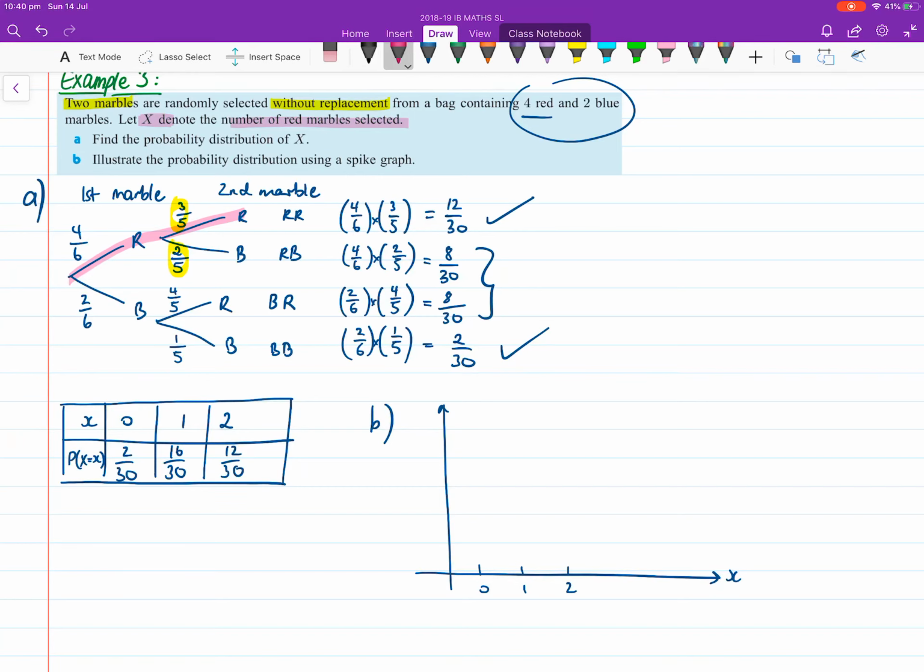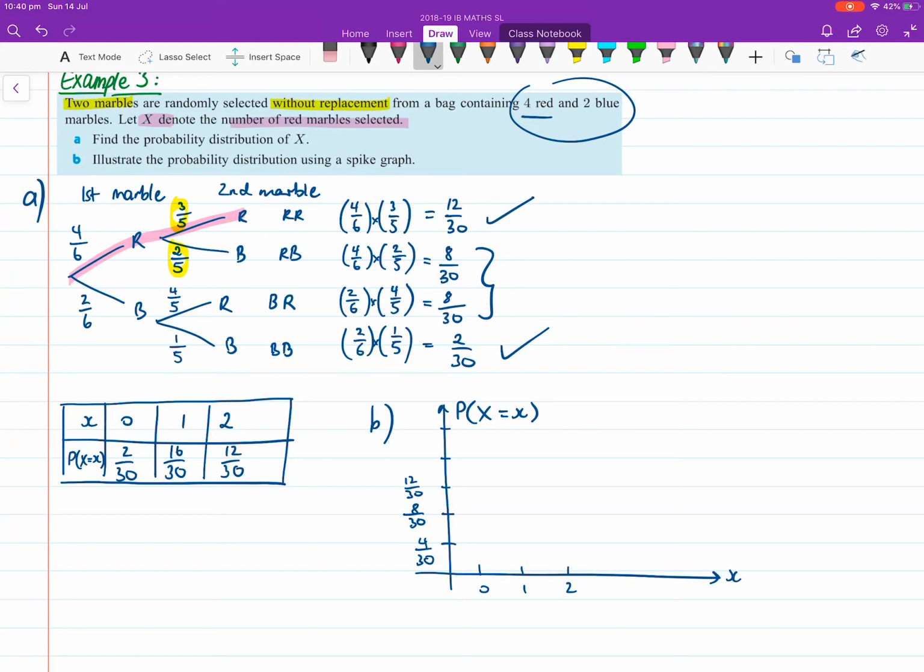Okay, and then along here is your probability. And what do we have to go up to from 2 on 30 up to 16 on 30? Oh, I didn't draw this very well. Let's just go with, if I do up by 4s, would that work? If I have maybe 4 on 30 there, then it's 8 on 30.